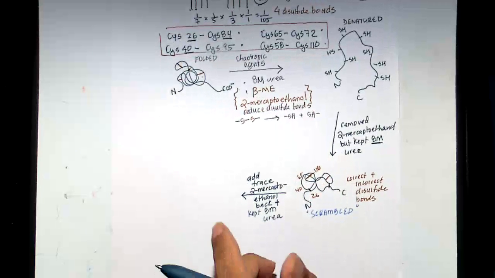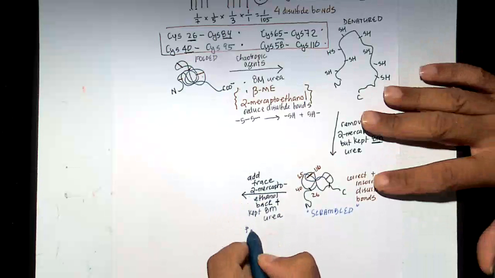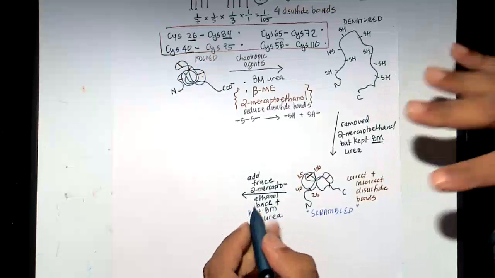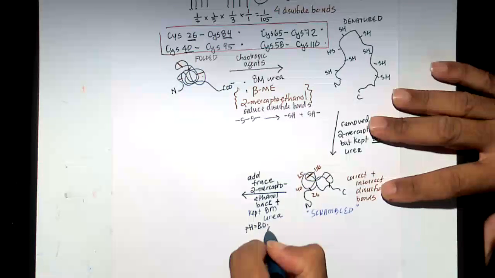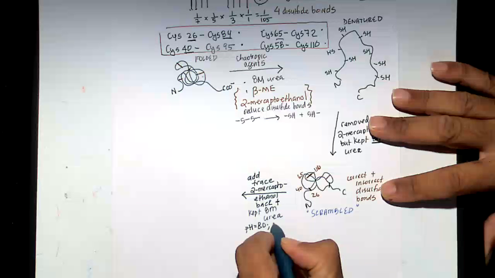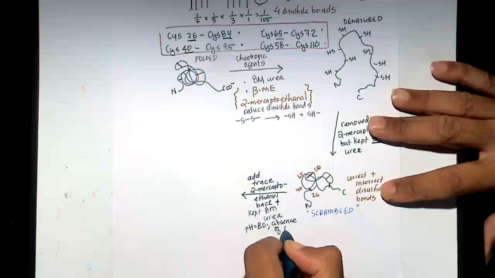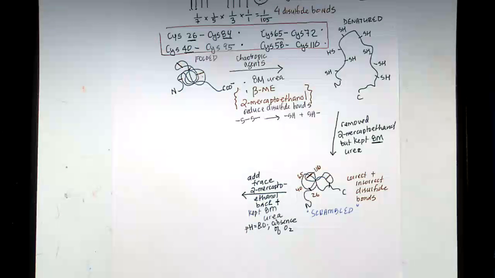He actually did this, not related to the main point, but he kept it at pH 8, and he did it anaerobically, without O2, so absence of oxygen. Situations that favor oxidation.